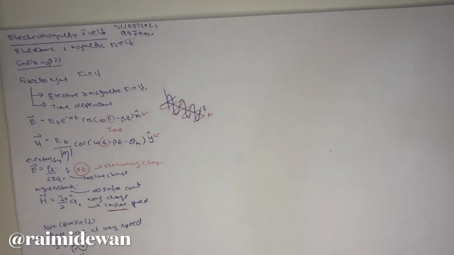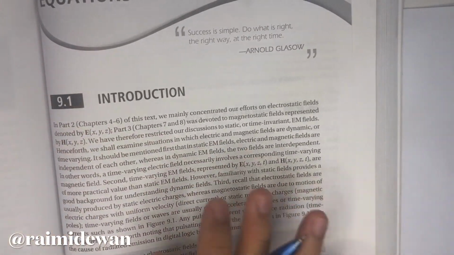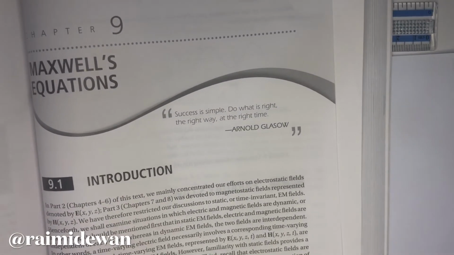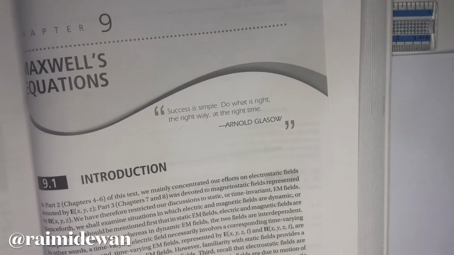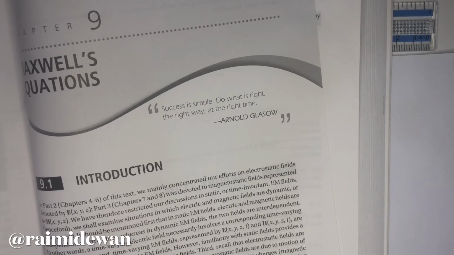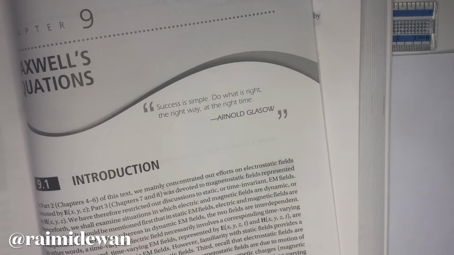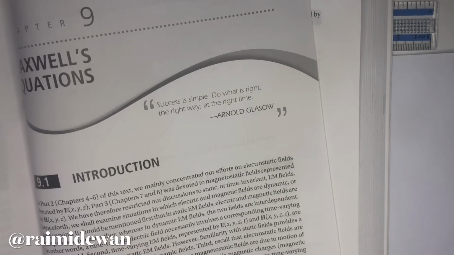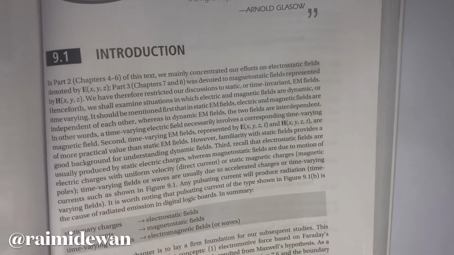You can read in detail what they are explaining to you. They are mentioning stationary charges as your electrostatic field, steady current as your magnetostatic field. Then when you start to have time varying current, this is where you're going to have your electromagnetic field or wave.